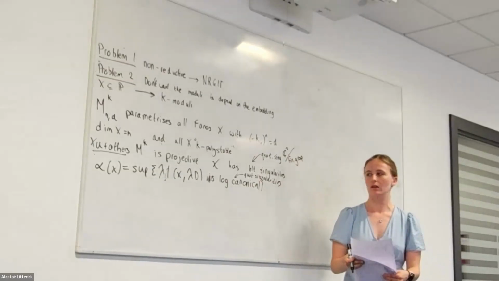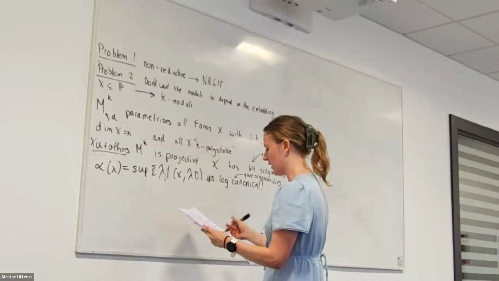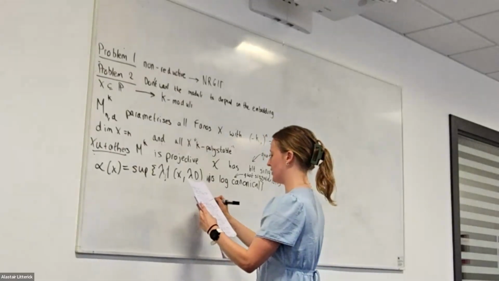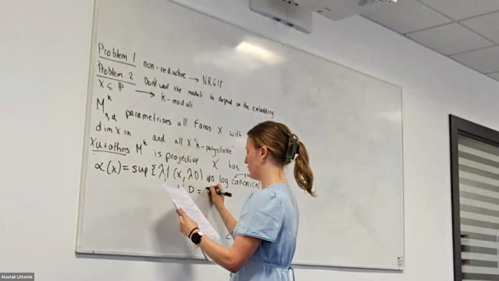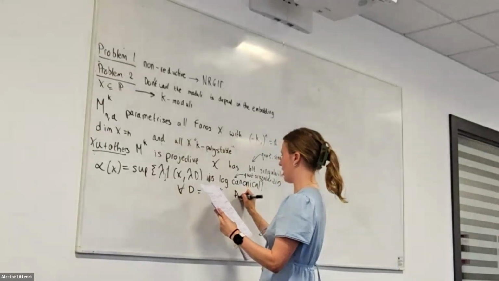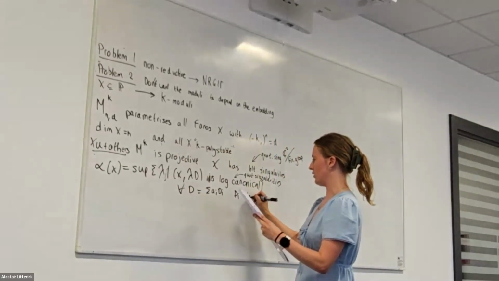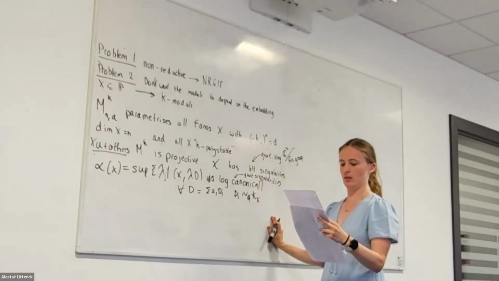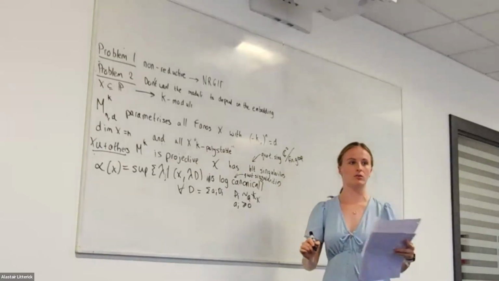What is D here? D is, for all D equal to the sum of a_i D_i, where the D_i are curves equivalent to minus K_X and a_i is greater than 0.